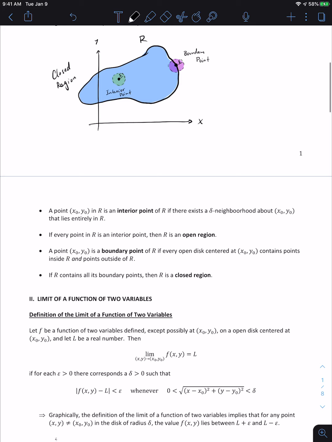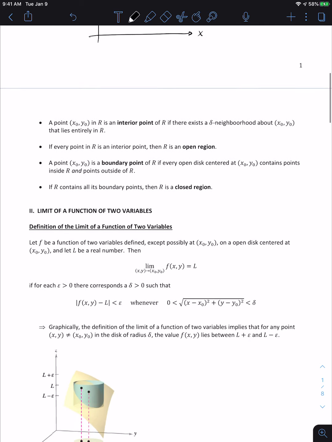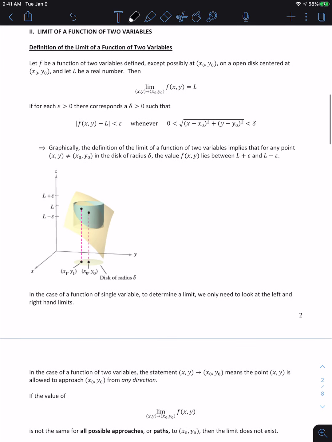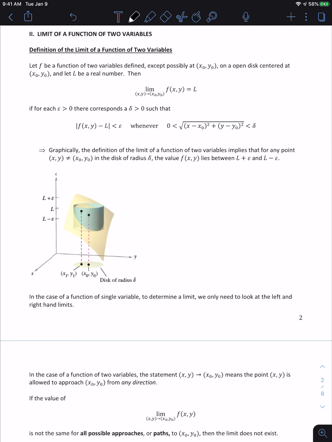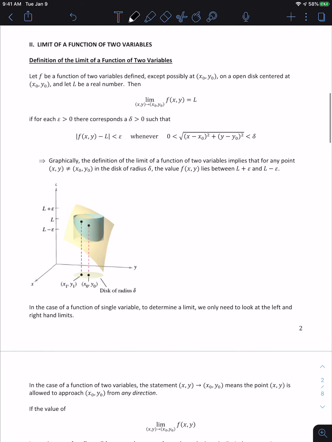Now that we have that in mind, let's start talking about limits of a function of two variables. This is going to use the whole idea of a delta neighborhood, which is why we needed to introduce that first. Let's introduce the definition of the limit of a function of two variables.